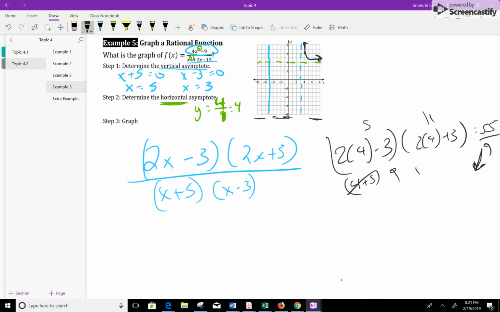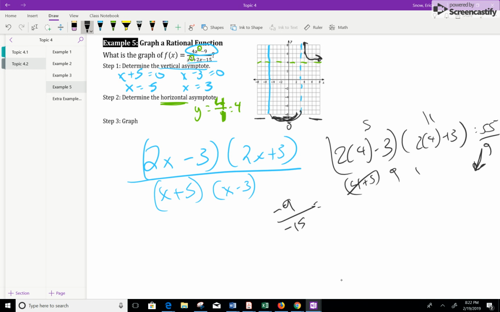Now our graphs are always approaching the asymptotes. So it looks kind of like that. The easiest number to plug in this middle section is 0. If I plug in 0, I get -3 times +3, which is -9, and 5 times -3, which is -15.